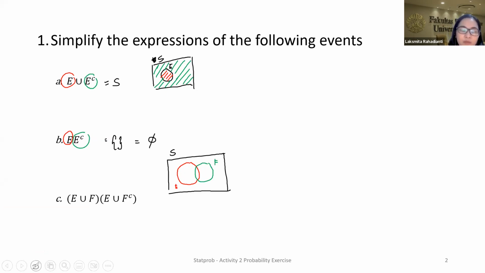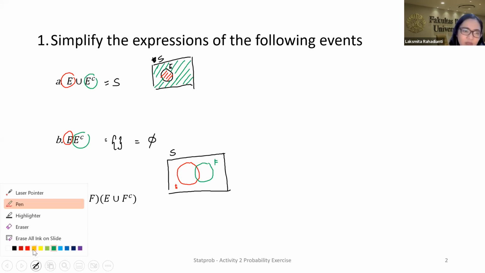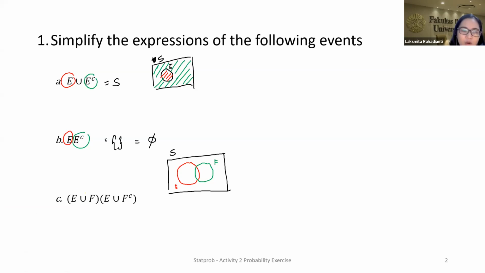So the first part of the equation here, I'll use a different color, orange, just to make things clear. It is E union F, E and F. So it's both E and F. So it would be this area here, the two circles.